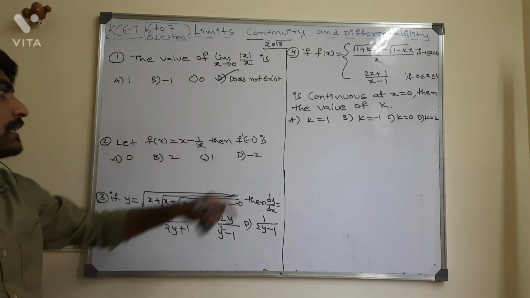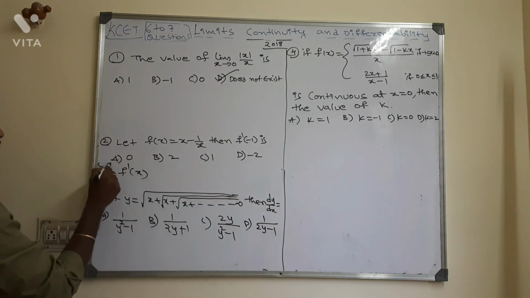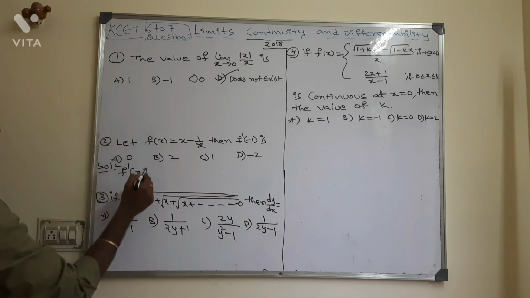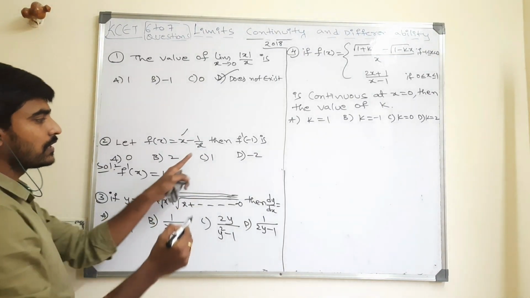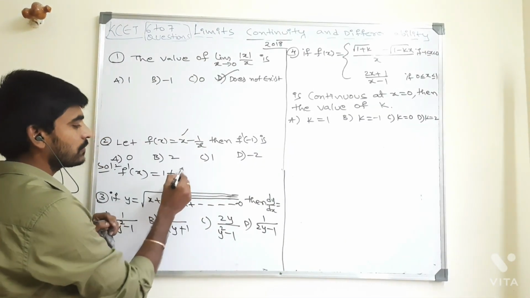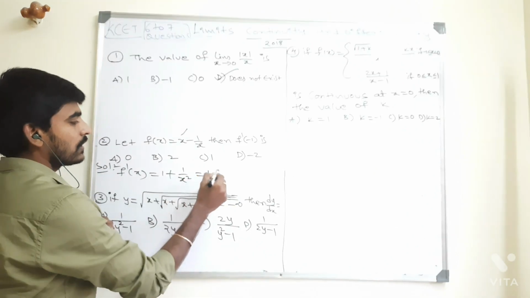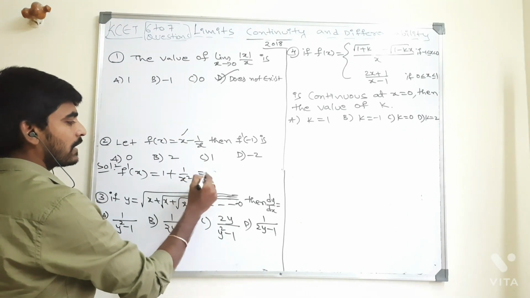What about this? They are asking f dash of minus 1. Before that, first find f dash of x. What is f dash of x? The derivative of x is 1. The derivative of 1 by x is minus 1 by x square. Already minus is there, so minus and minus make plus. So 1 plus 1 by x square.